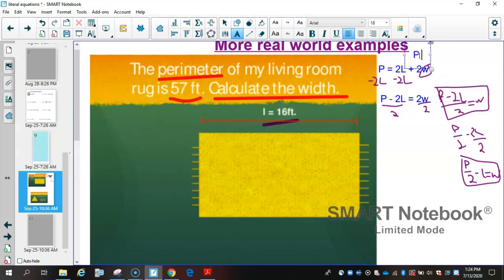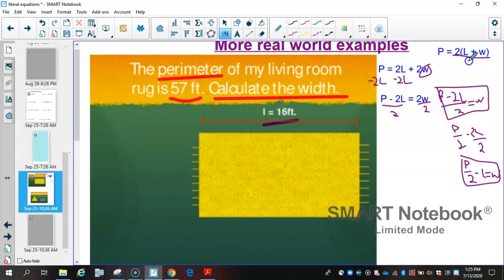We have P equals 2 times, now if we're dividing both of these by 2, just L and W are left. So then from here to solve for W, we would need to get rid of this 2 first by dividing by 2 on both sides.